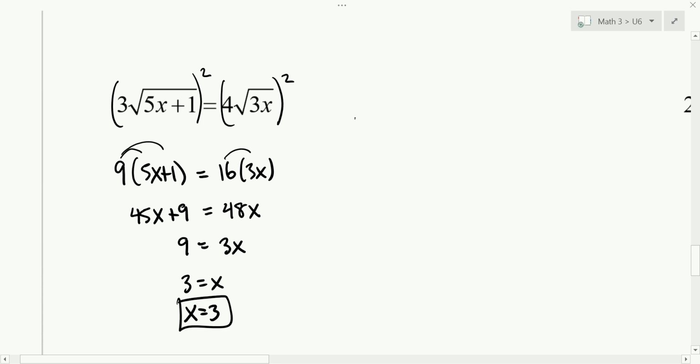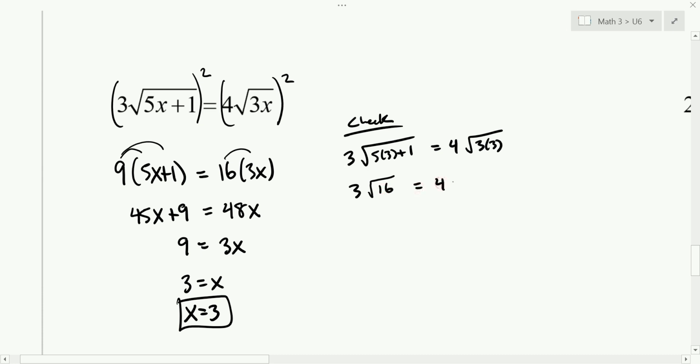So when we check this, check it before we squared both sides, we get 3 times the square root of 5 times 3 plus 1 is equal to 4 times the square root of 3 times 3. And keep working through that. You get 3 times 4 is 4 times 3, which is true. So we keep it. Okay. Good.